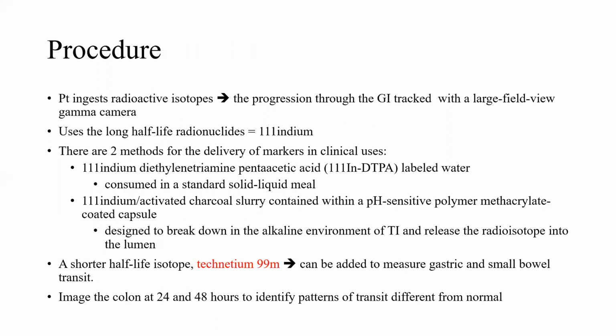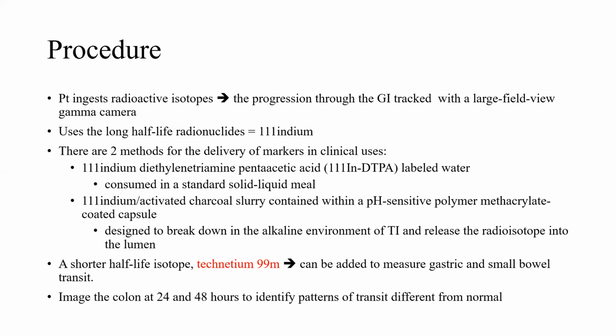So the concept is the patient ingests the radioactive isotopes, and then the progression through the GI tract is tracked with a gamma camera. Usually we use the long half-life isotopes, for example, 111 indium. With regards to 111 indium, there are two types of radiopharmaceutical.